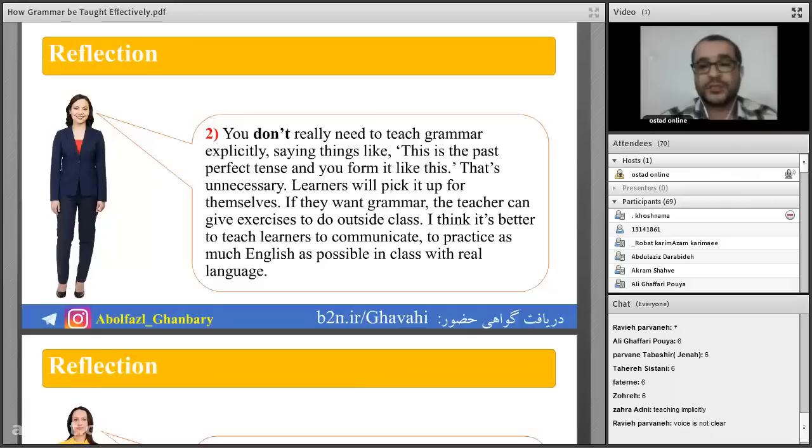We just expose the learners with lots of examples, with lots of speaking activities. And the learners themselves pick the grammar rules up unconsciously. This is the second approach in teaching grammar.